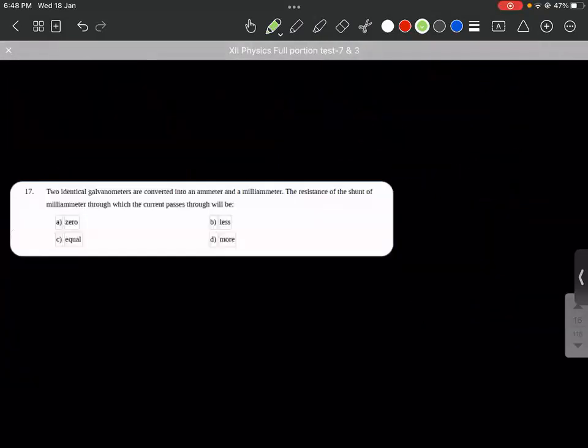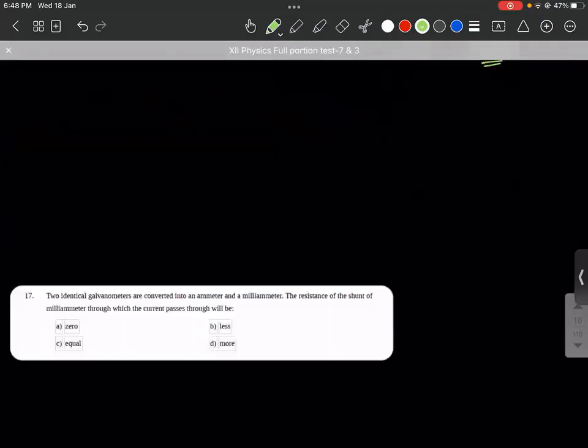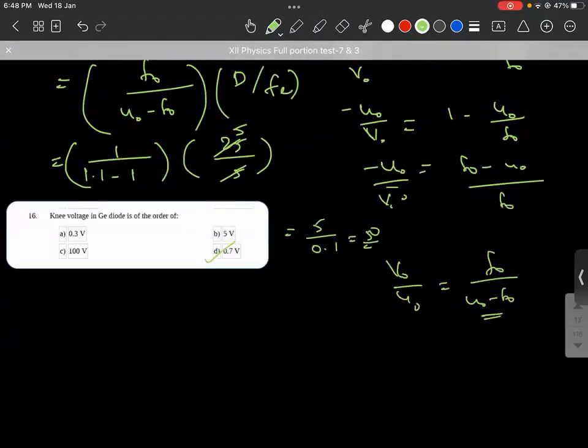17th one, two identical galvanometers are connected. Sir, silicon then sir 0.7 will come. Knee voltage of silicon. Germanium, they have asked. One minute. Got it. Sorry, silicon is 0.7 and germanium is 0.3.